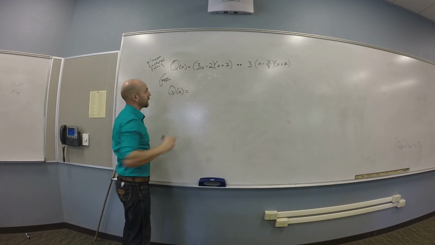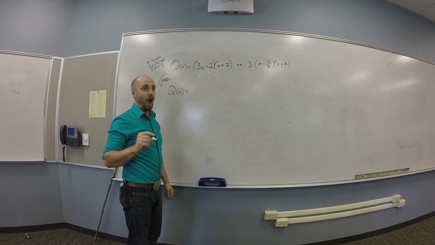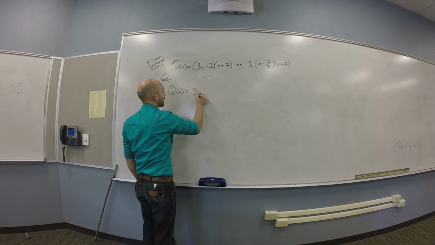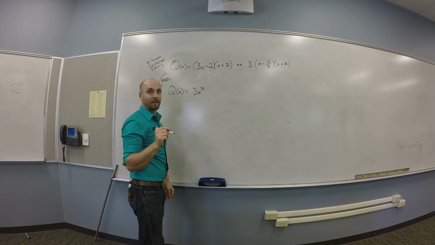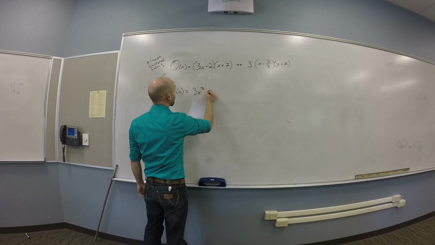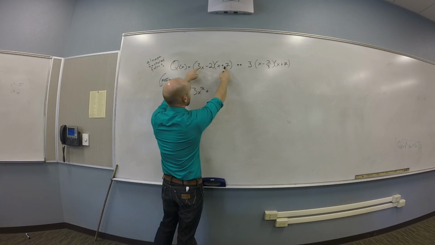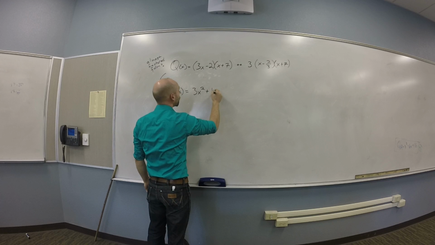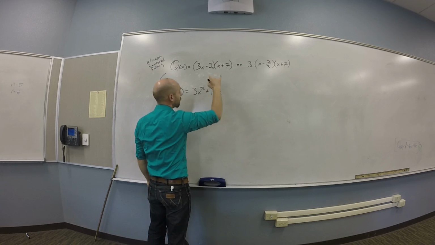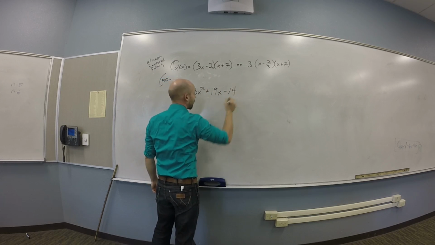Q of x is 3x squared, plus 21x minus 2x, so 19x, minus 14.